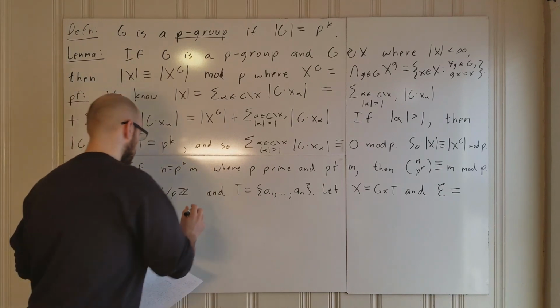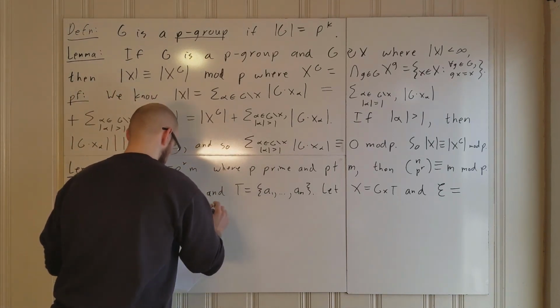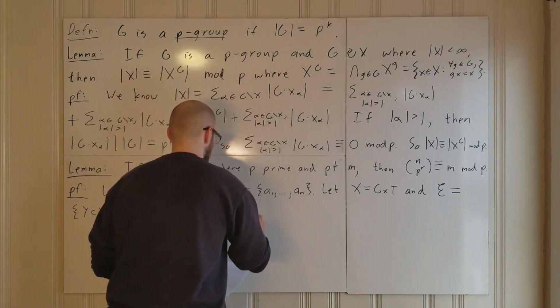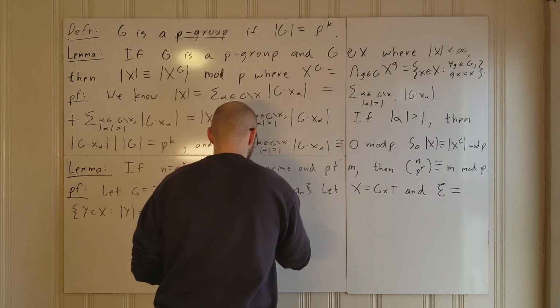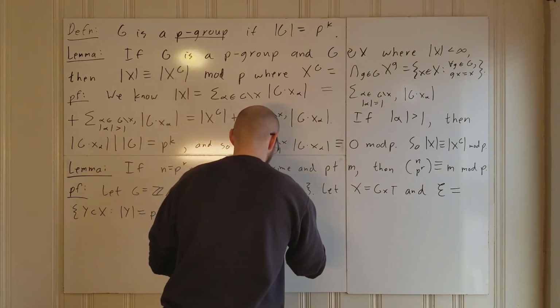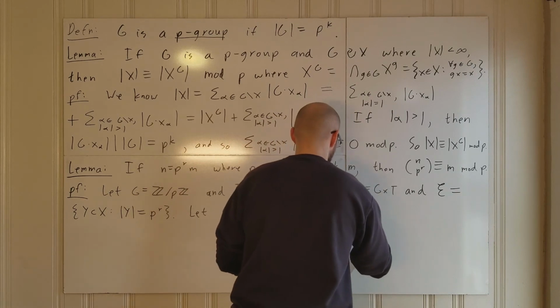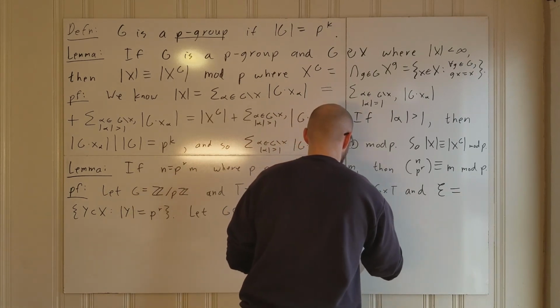Okay? So let G act on X by g(h, a) equal to (gh, a).